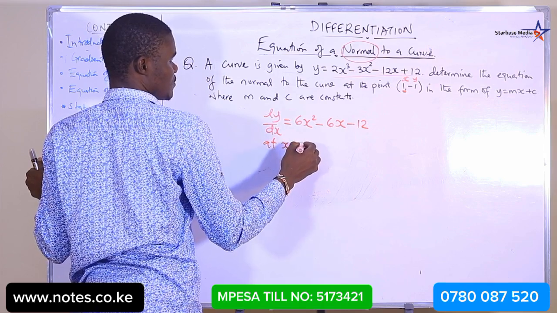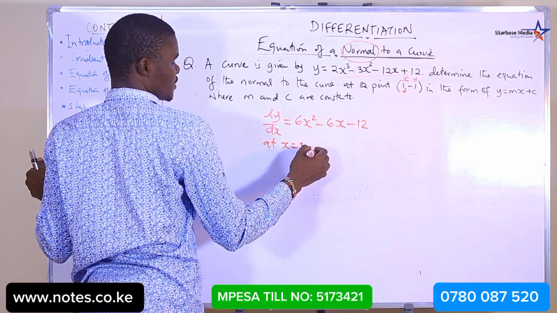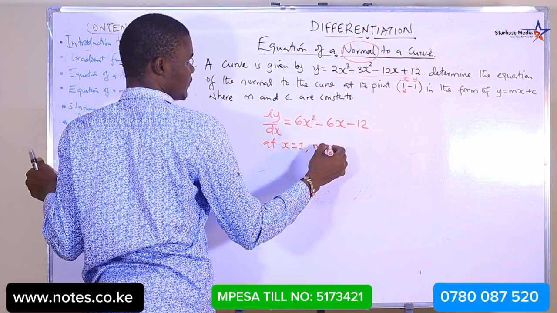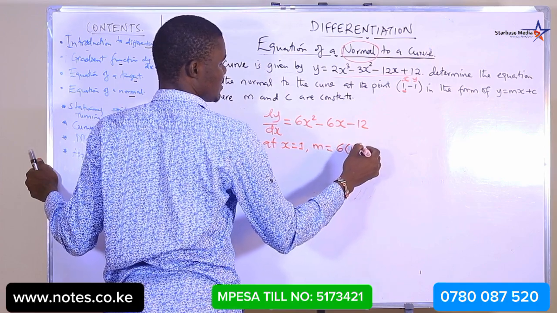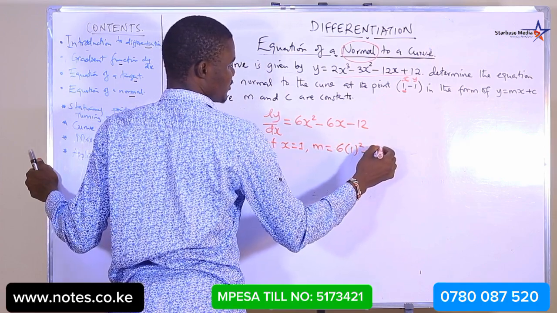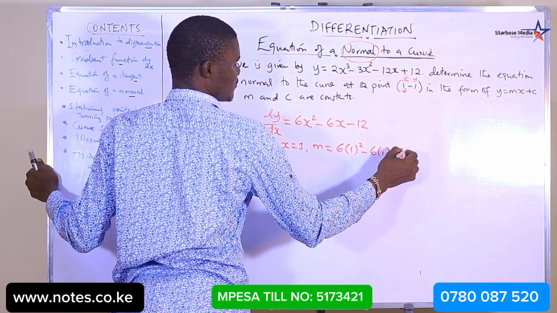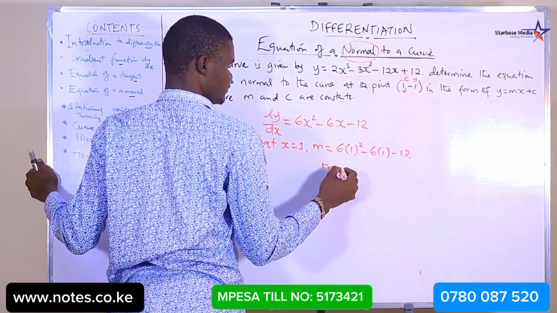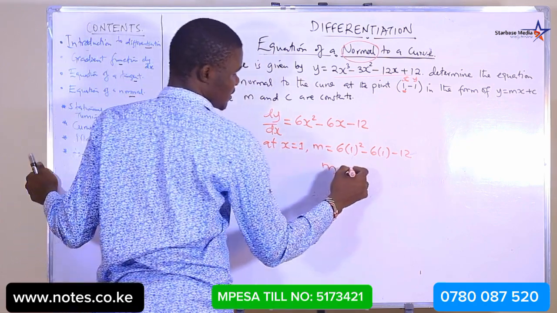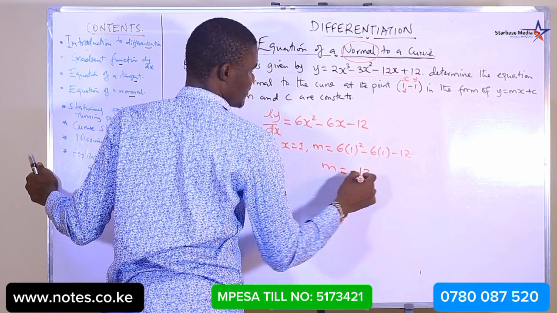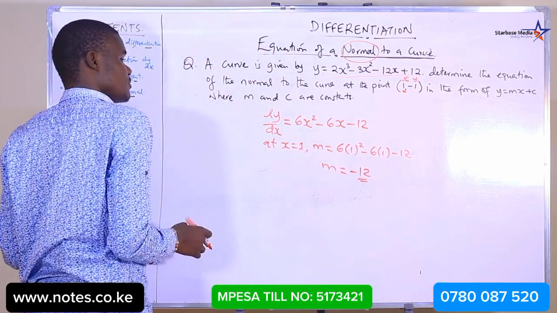At x is equals to 1, what is the gradient? The gradient m will be 6 into 1 squared minus 6 into 1 minus 12. What do you get as gradient? It is negative 12. So remember, this is our m1.